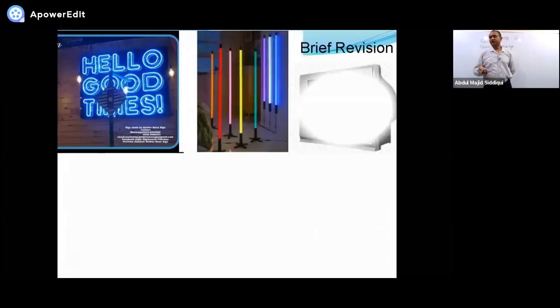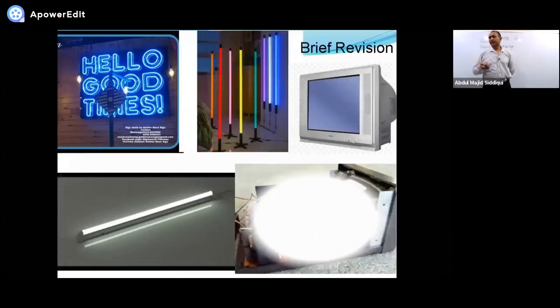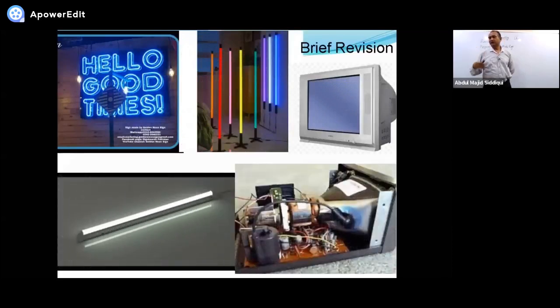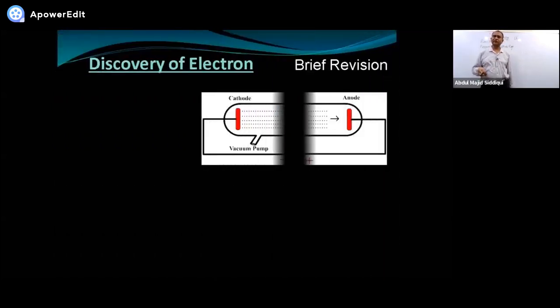Then we studied this topic. What was that topic? There is a topic which is related to the tube light, the neon signs, the CRT, cathode ray tube, the computer screen. All of these are related with this topic, the discovery of the electron. What was done in this experiment?